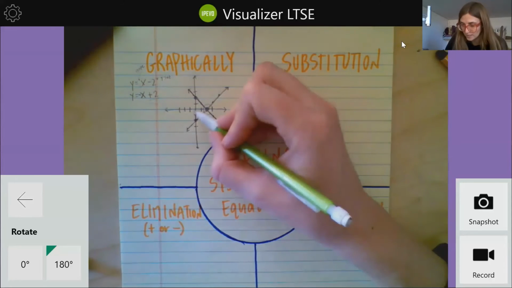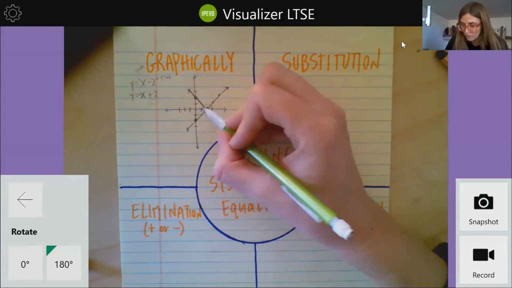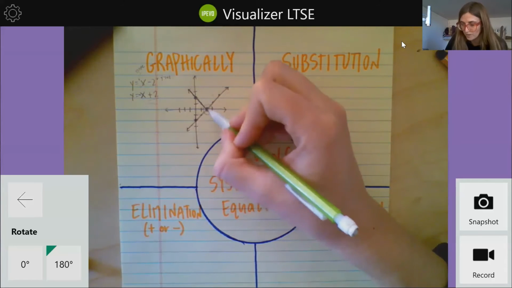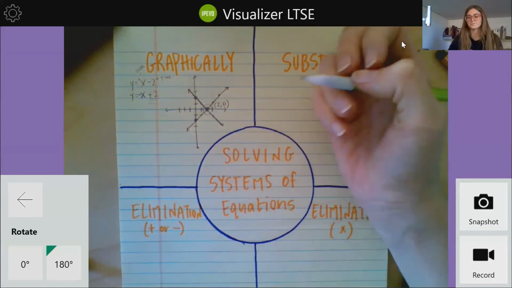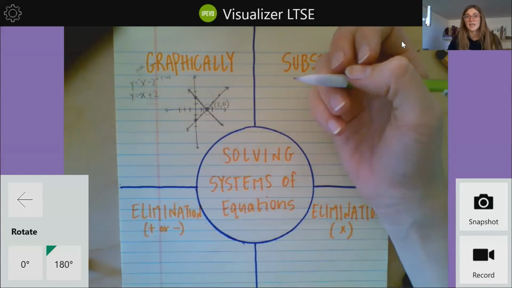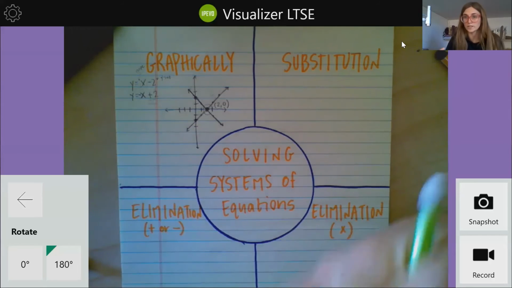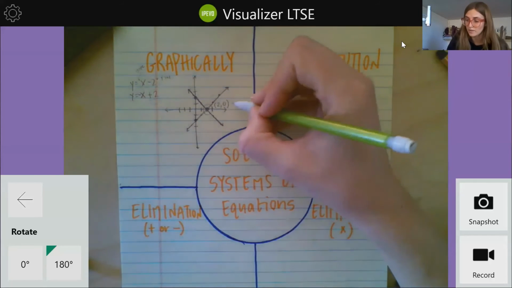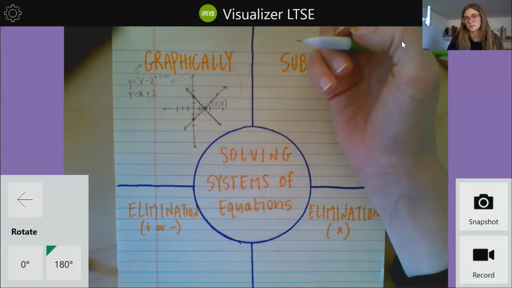That point we can see here: we go over on the x-axis, so over 2, and then we don't go up or down at all, so that point is at (2, 0). What we can do to double check ourselves, and we can always do this, is plug this back into both of those equations.